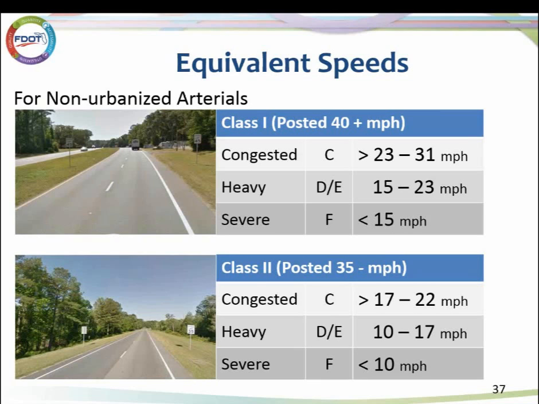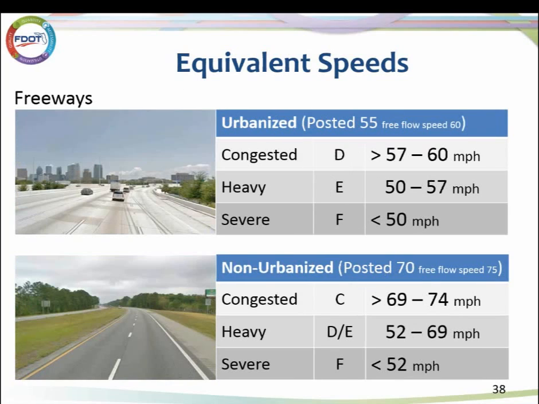Travelers in non-urbanized areas typically expect less traffic and therefore higher prevailing speeds. Using these congestion speed thresholds, we see that travelers in non-urbanized areas experience heavy congestion at 64 miles per hour. A similar travel speed in an urbanized area would not be an indicator of congested conditions.